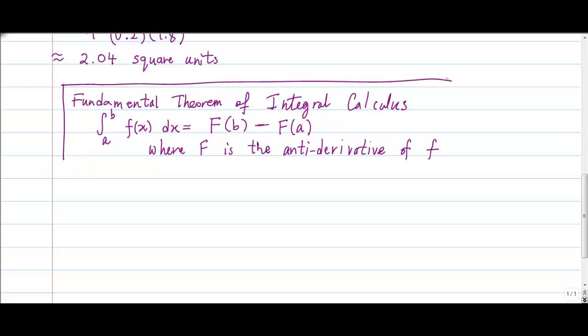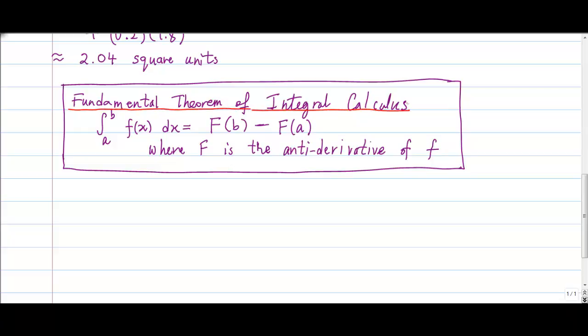Let's box this. This theorem is so important to calculus, we call it the fundamental theorem of calculus. Let's do an example.